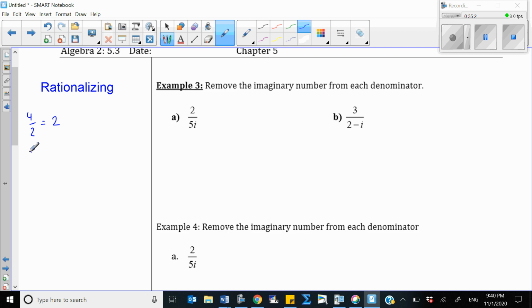But what if I give you 4 divided by i? What does that mean? We know that i is equal to radical negative 1. So this means 4 divided by radical negative 1. Well, this is even harder. How do I divide 4 by radical negative 1? So let's see how we can make this denominator easier and simpler.